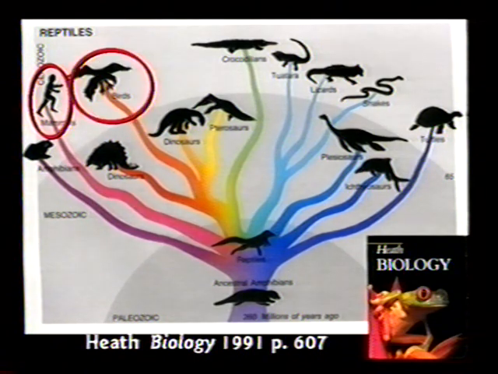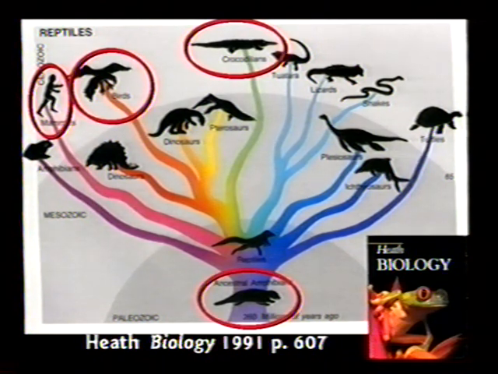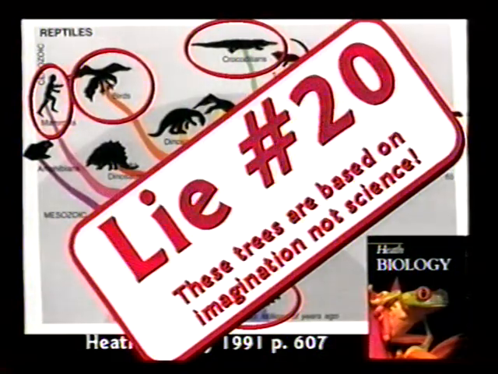This one says the humans, the birds, and the crocodiles had a common ancestor. Isn't that what that tree is supposed to represent to the kids? Don't you think a kid going through science class is going to come out looking at that saying, wow, it's true, it's in a book, it must be true. That is pure nonsense, folks. These trees are based on imagination, not on science. Nobody's got any evidence that any animal has ever produced a different kind of animal.